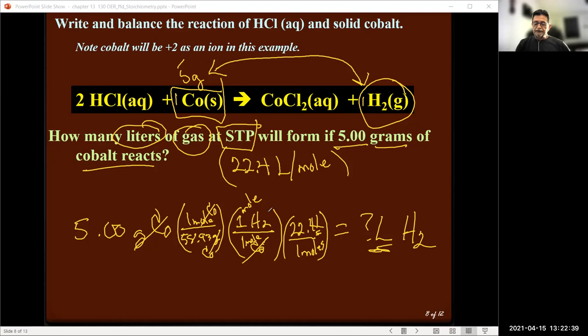Now, since I'm at STP, I can use this relationship, and that would get me into liters of hydrogen gas. Moles of hydrogen cancel out, leaving me with liters of hydrogen.